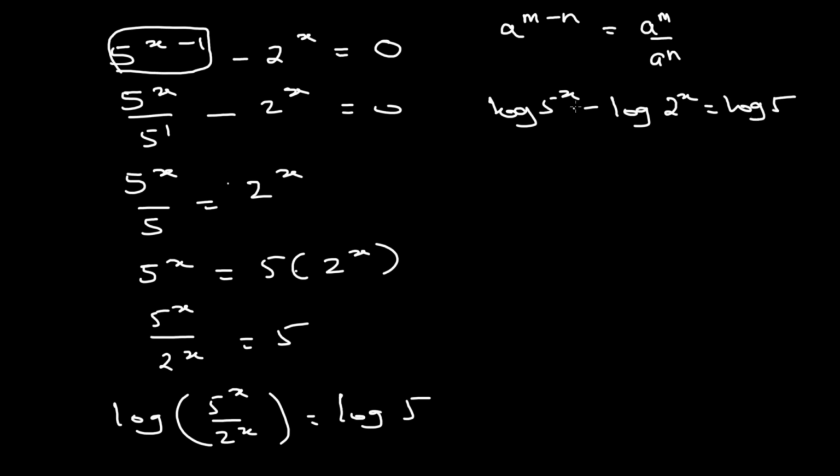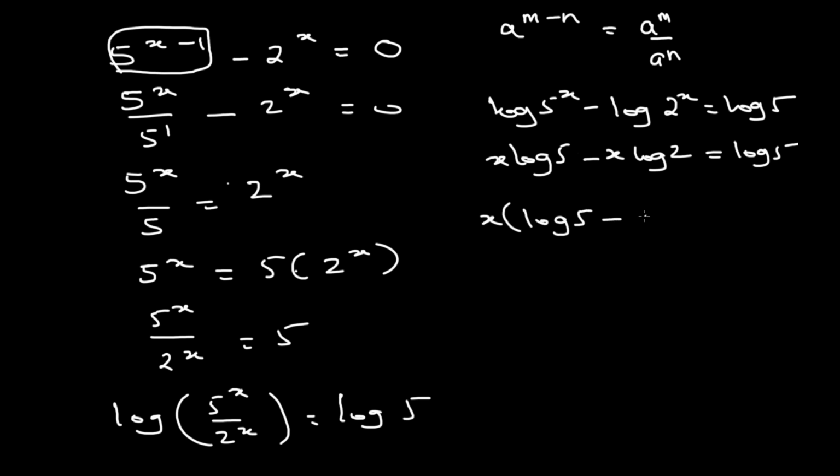Then we say that the exponent can come outside here and create something like x log 5. Then this one here can come out and create x log 2. Then here we have log 5. I can factor x out, and then I have log 5 minus log 2, which will give me log 5.